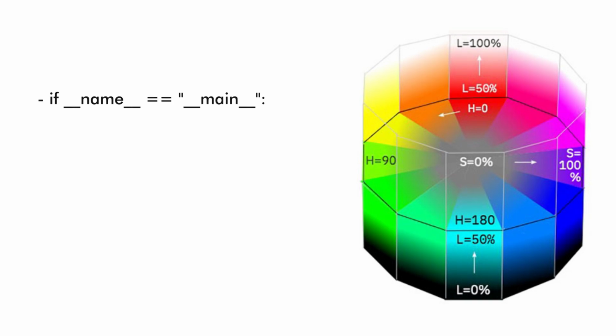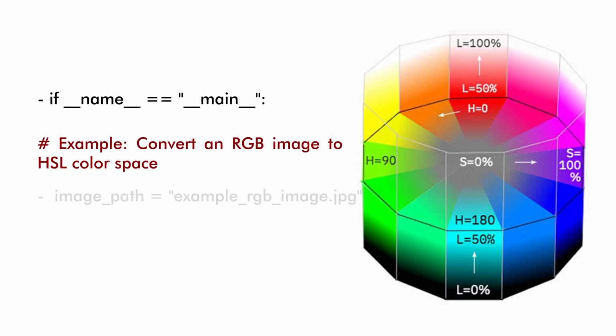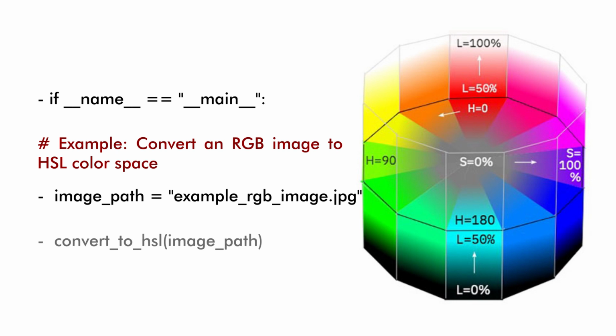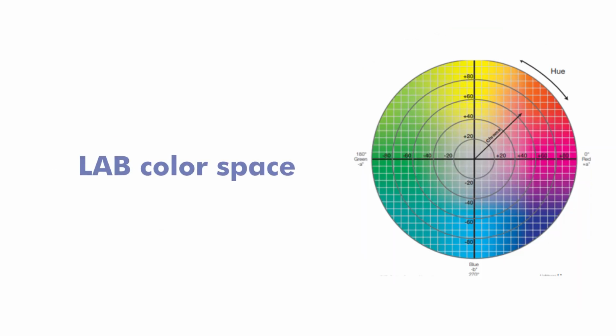Please note that converting an RGB image to HSL does not change the visual appearance of the image, but rather represents the RGB pixel values in HSL color space, making it easier to manipulate individual color components. Then next is the Lab color space.